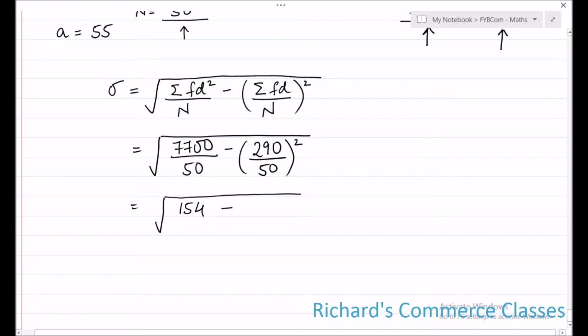Minus 290 divided by 50, and the answer is 5.8, the whole square. That is equal to square root of 154 minus 5.8 square is 33.64.